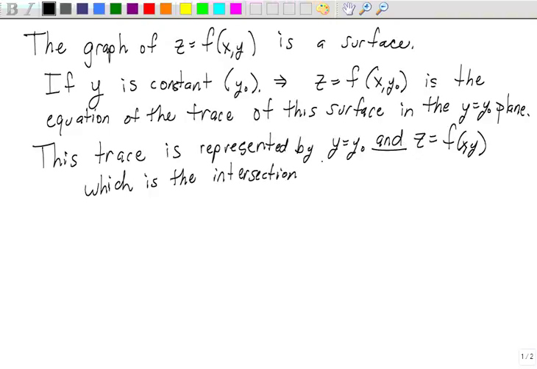And so the first one, this one right here is a plane, and this right here is a surface, and their intersection is the trace of this curve, or of the surface.